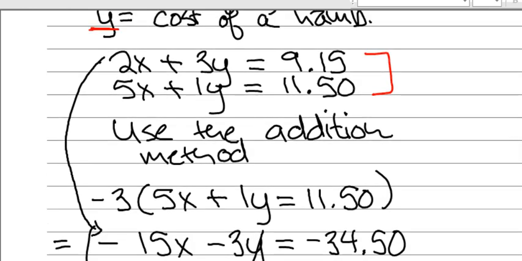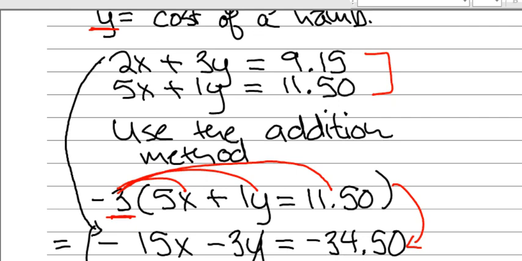I am going to take the first equation and multiply it by -3, because then my y's will drop out. So I'm going to distribute this -3, and I'm going to get -15x minus 3y equals negative 34.50.